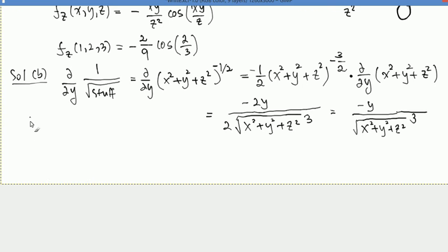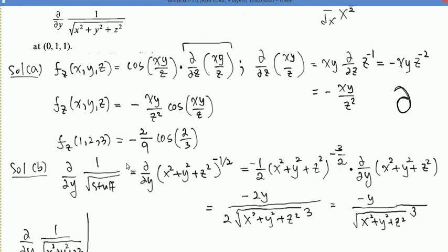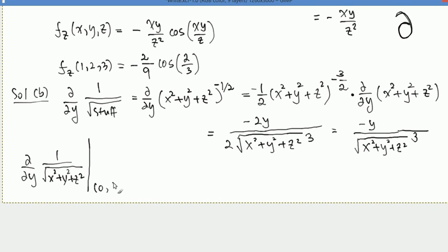Yeah. So how about this one? This is a derivative of that thing there, x squared plus y squared plus z squared. The answer to this one is this one here, right? But you've probably seen this notation. Put this big vertical line and put down 0, 1, 1.